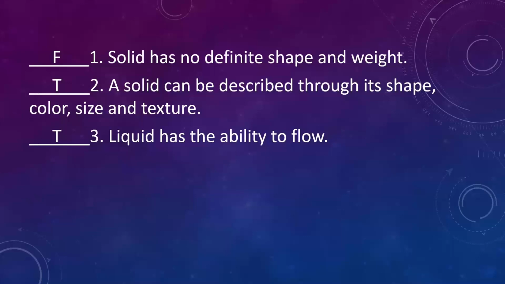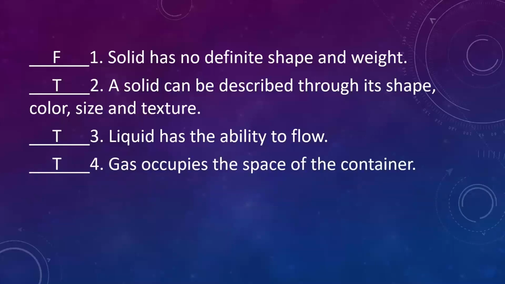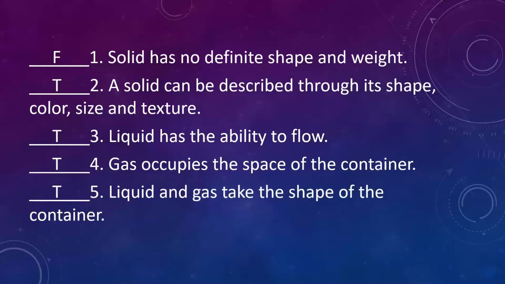That is true. Number 3, liquid has the ability to flow. That is true. Number 4, gas occupies a space of the container. That is true. Number 5, liquid and gas take the shape of the container. That is true.